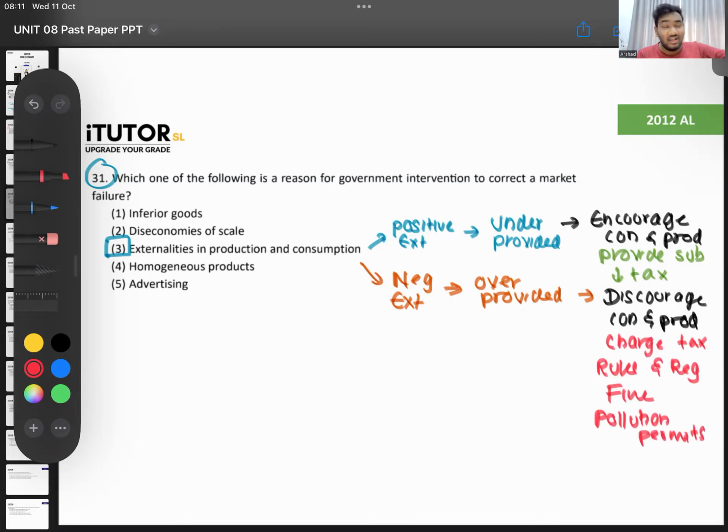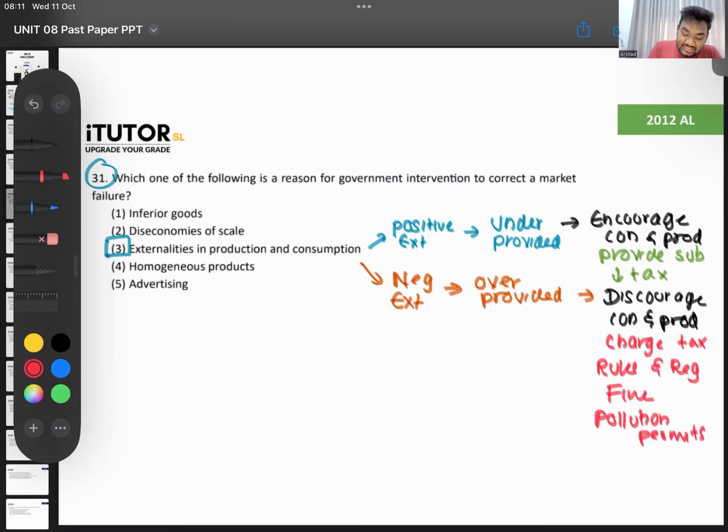So if you are releasing, let's say, toxic gas, only this amount you can release for a year. You can't release more. So they are given a permit, like a quota. Yes, there can be factories like that in Sri Lanka also. Those kinds of things can be done to discourage consumption or production when there is a negative externality. That's how the government intervenes.